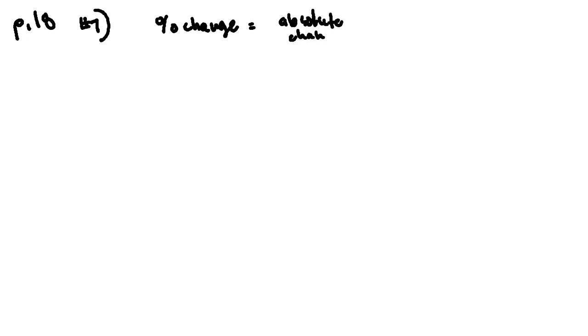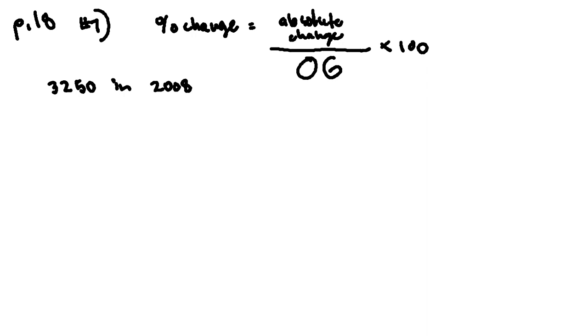Now the key word here, number 7, says the population of a town increased from 3,250 in 2008 to 4,300 in 2010. Find the absolute and relative percent increase.